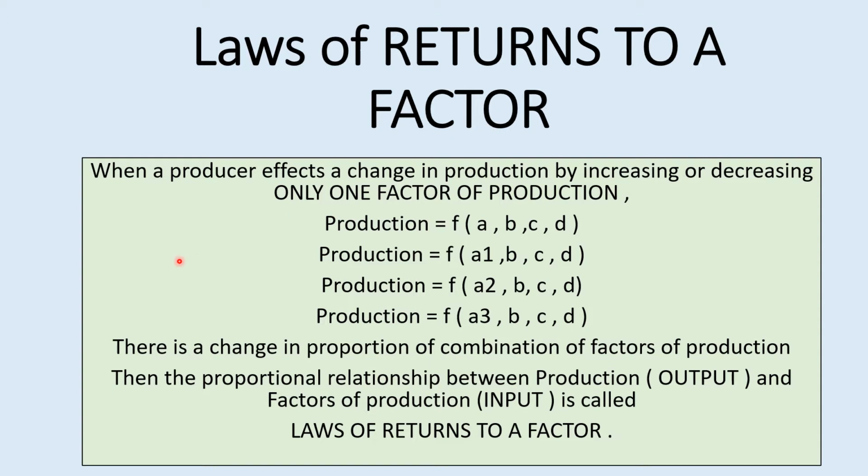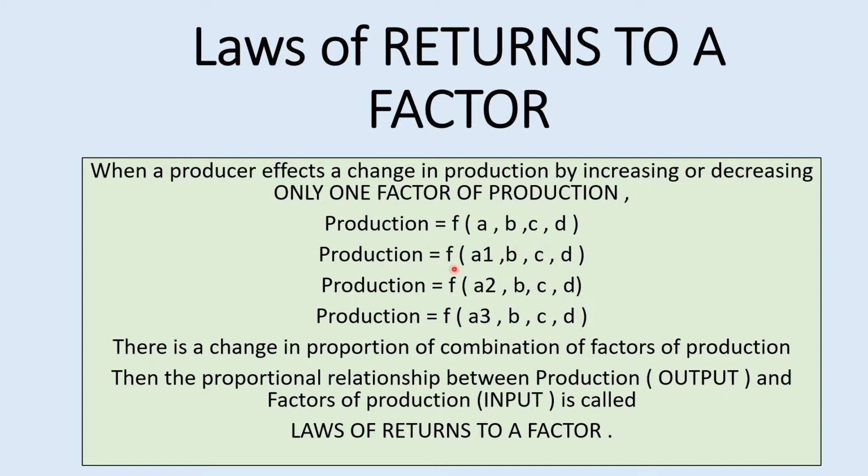Now we come across laws of returns to a factor. Please listen carefully. When a producer effects a change in production by increasing or decreasing only one factor of production. देखिए production हमने बनाया is a function of 4 inputs A, B, C and D. हम अपनी production में थोड़ा सा variation कर रहे हैं और इस variation के चलते हमने सिर्फ एक factor of production को vary किया, बाकी B, C, D को ऐसे ही रखा.